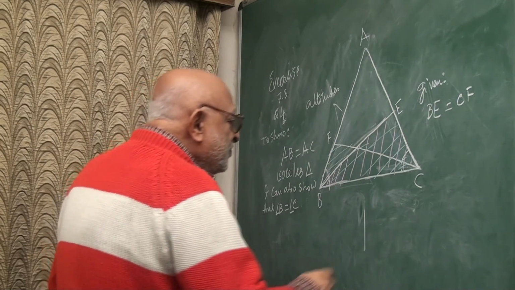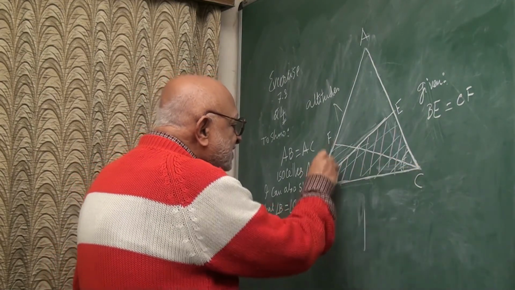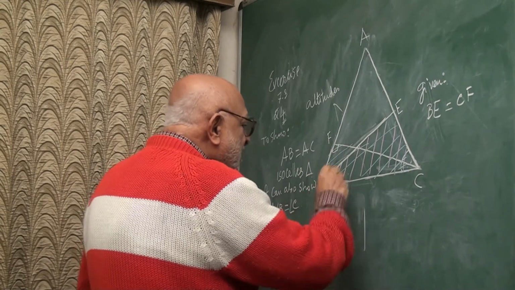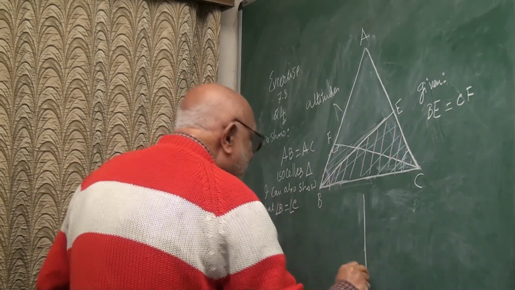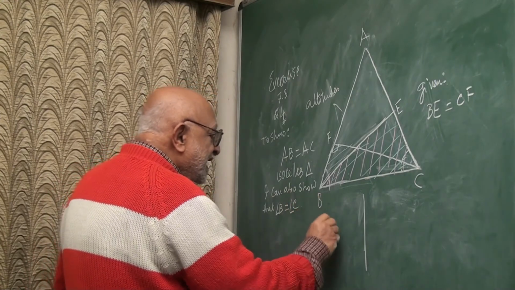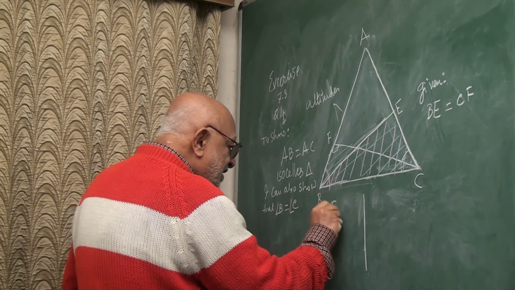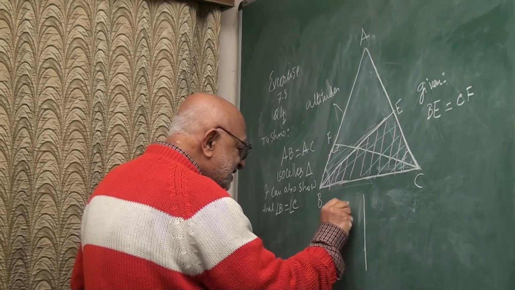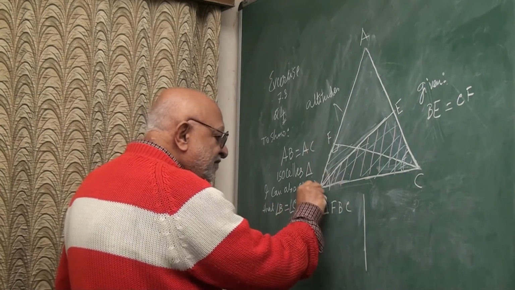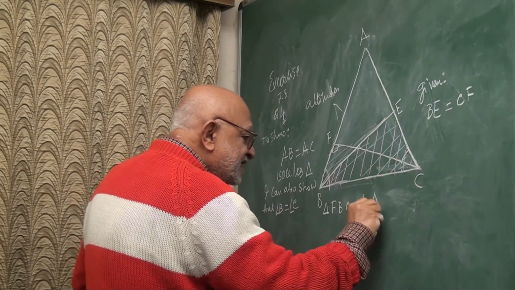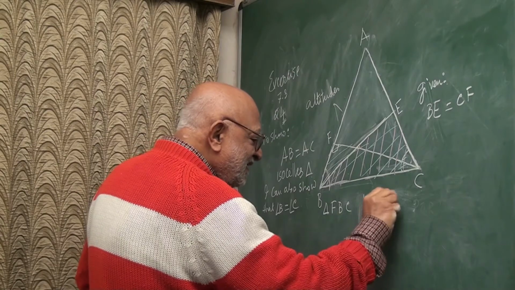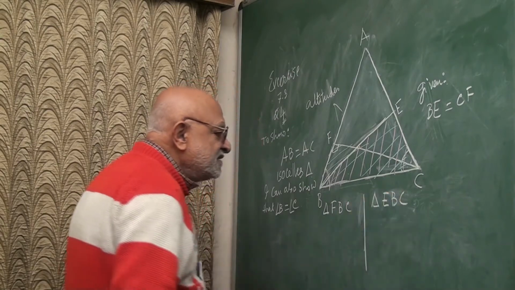Now, if you take this particular triangle, this angle is 90. So, let us write down this one properly in a proper fashion. This should be the FBC triangle. Okay, I am taking this FBC triangle and triangle EBC.